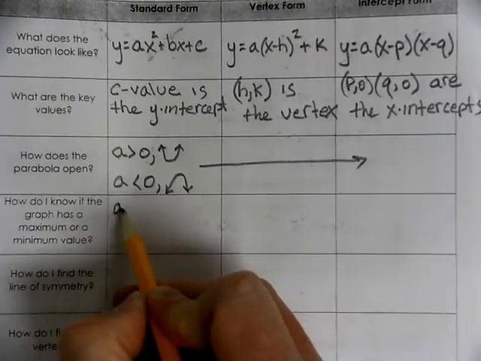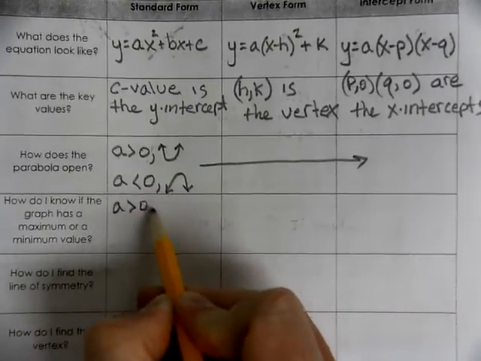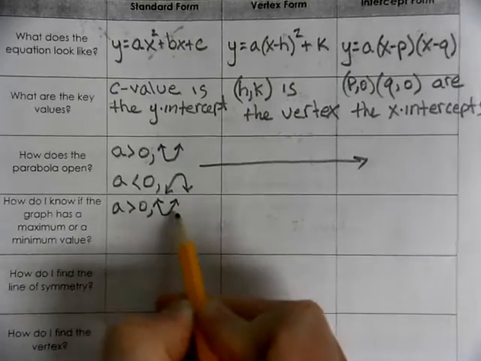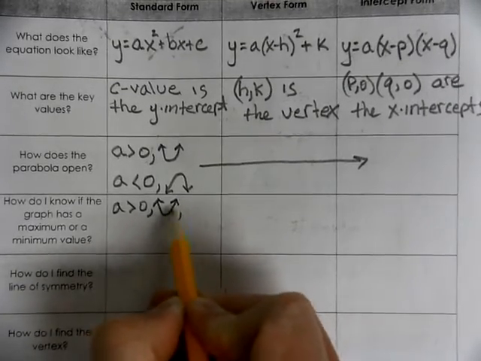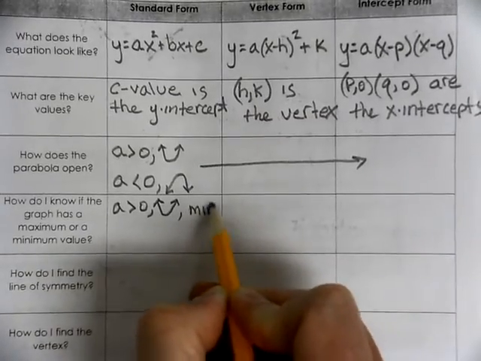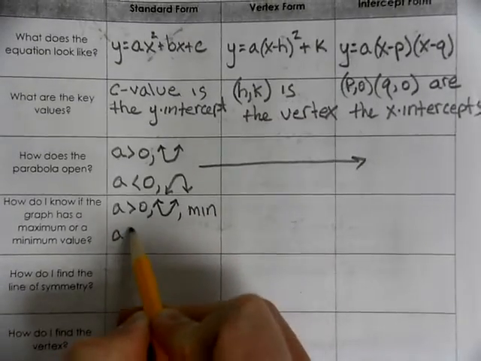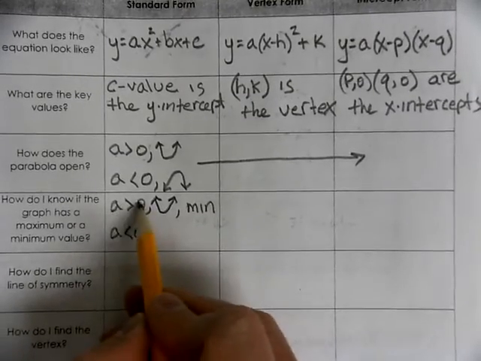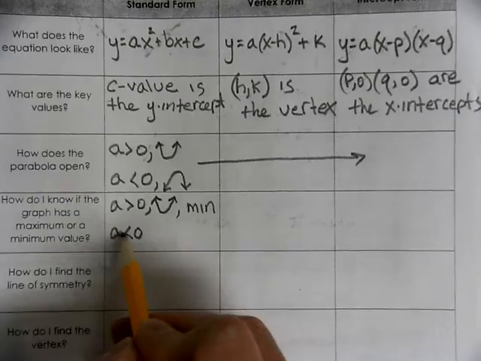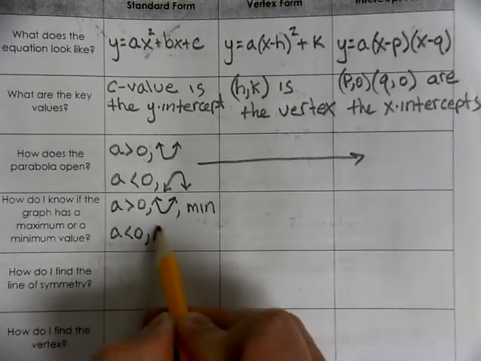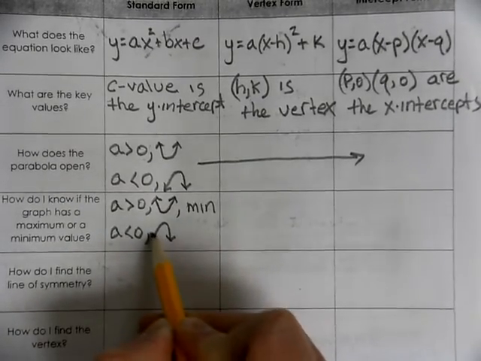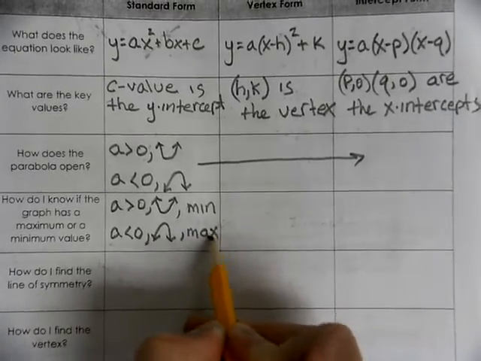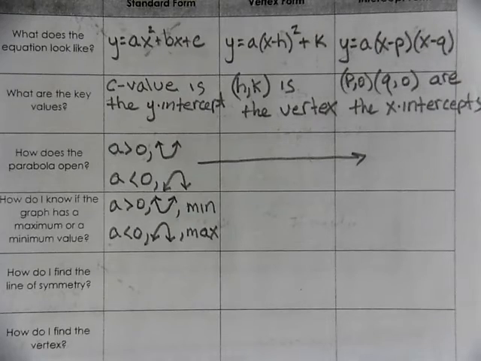So very similarly, if a is greater than 0, we know that the graph is going to open upwards. That's going to give us this low point. It's going to give us a minimum point. If a is less than 0, we're going to have a maximum.